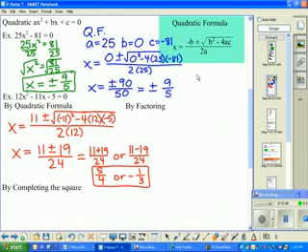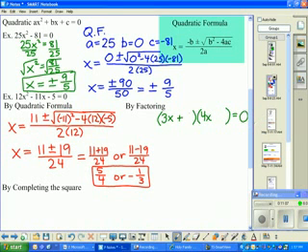I could also solve this problem by factoring. Since it is 3 terms, I can put it into 2 groups of 2. Some of these you might have to do a little bit of guess and check. So 12, I think, well, how about 3x and 4x?